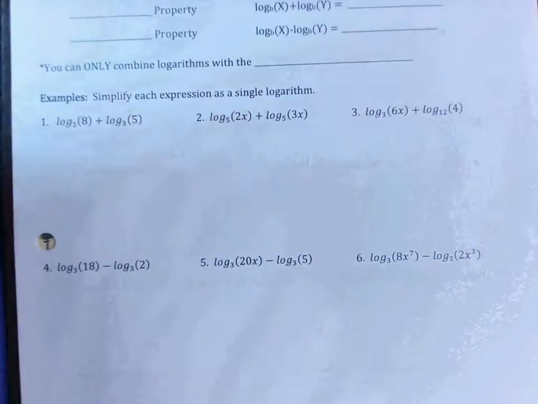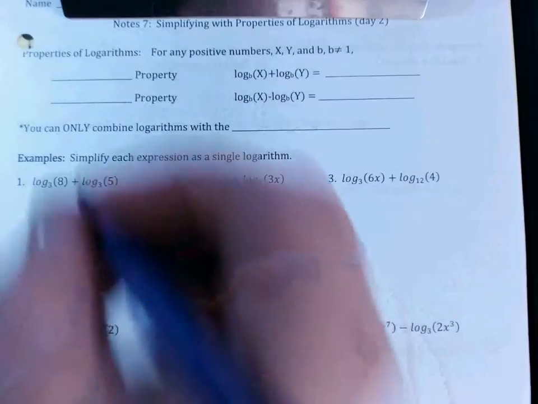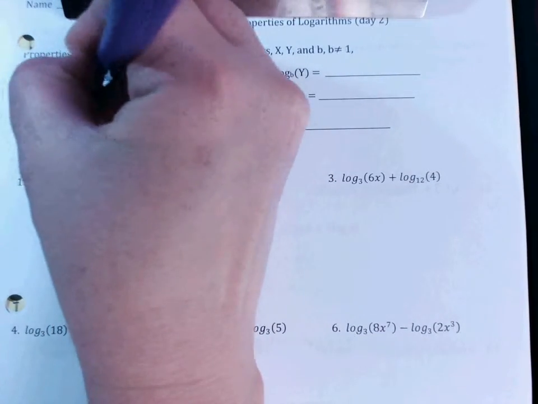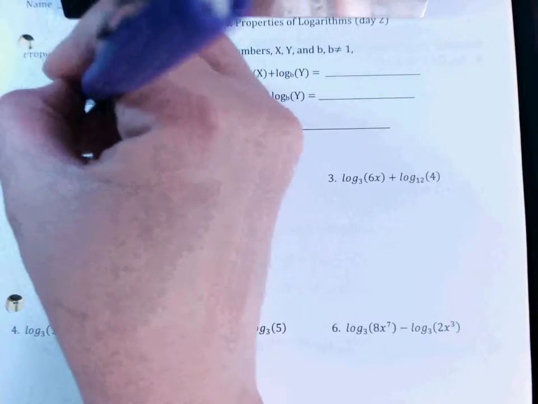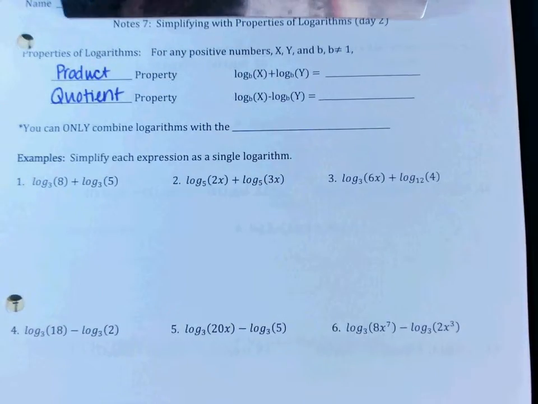First two were the product and the quotient. And remember that the difference there is that product is when you're multiplying, quotient is when you're dividing.